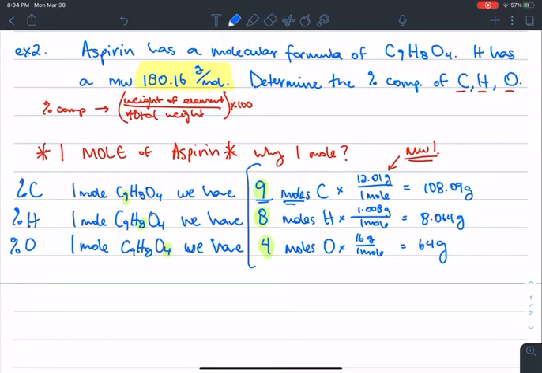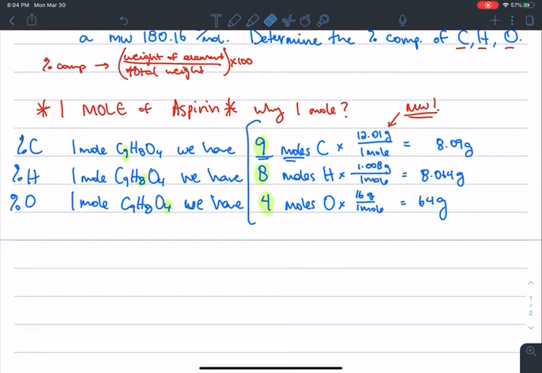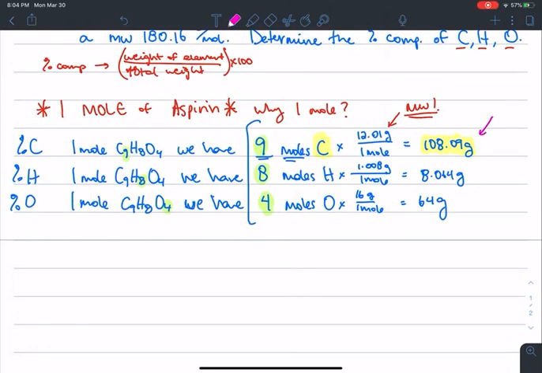So now I hope you see that we are set up to do the exact same thing we did in this problem. We have the weight of carbon, and this is the amount of carbon. This is grams of carbon in 180.16 grams of aspirin.